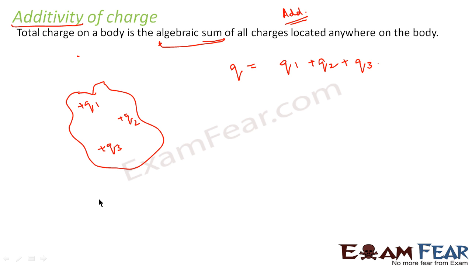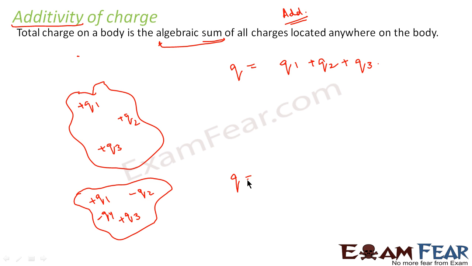Now let us suppose that we have another body which has charges Q1, minus Q2, plus Q3, minus Q4. So what is the total charge on this body? In this case, the total charge will be equal to Q1 minus Q2 plus Q3 minus Q4.